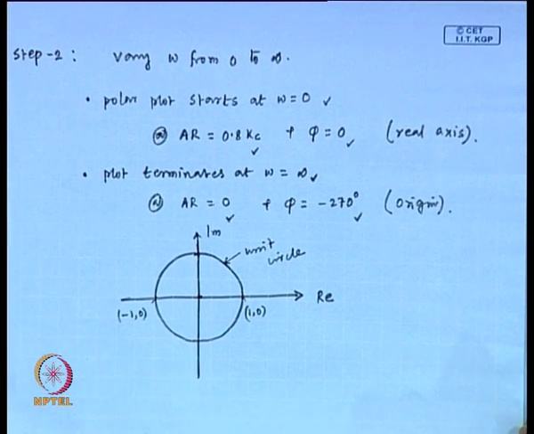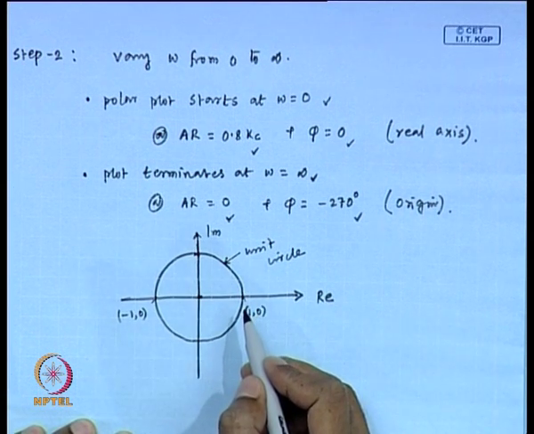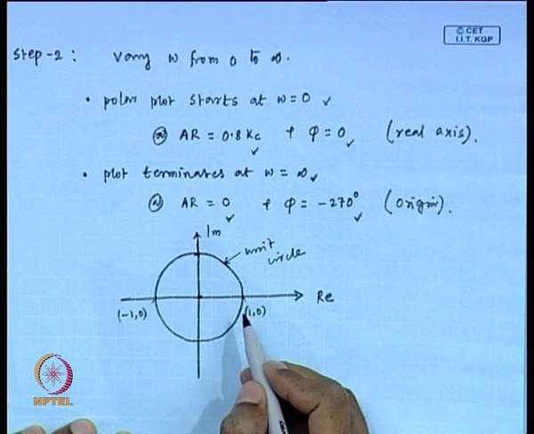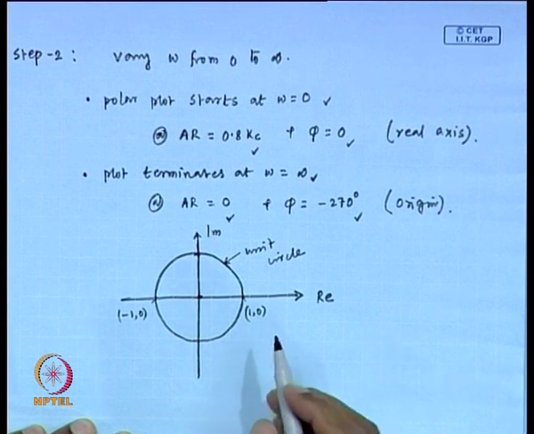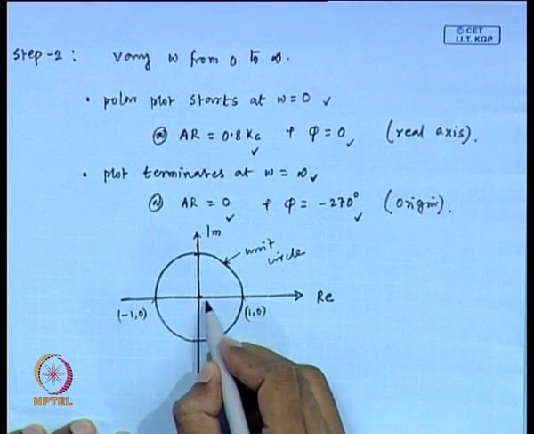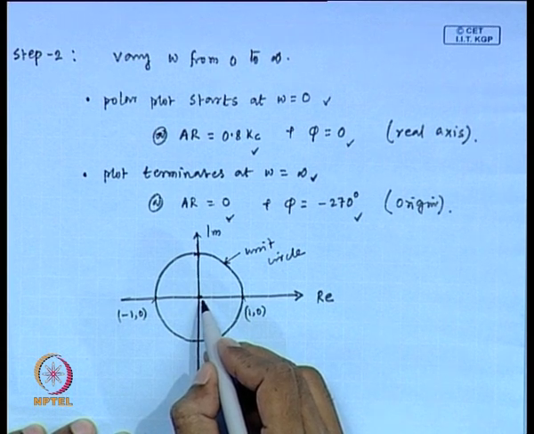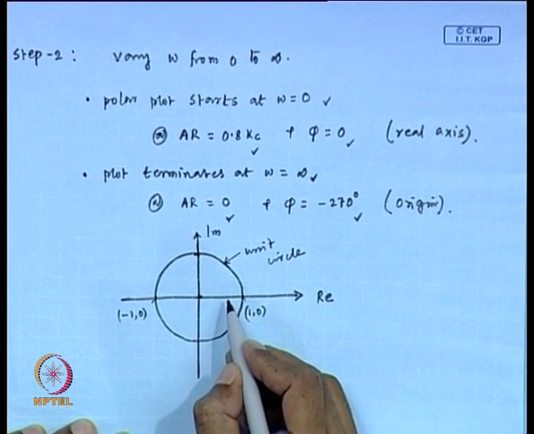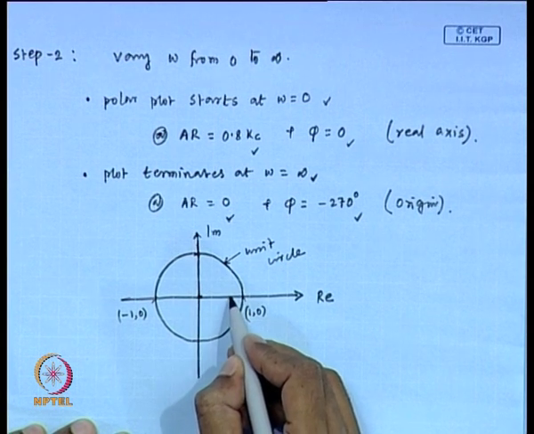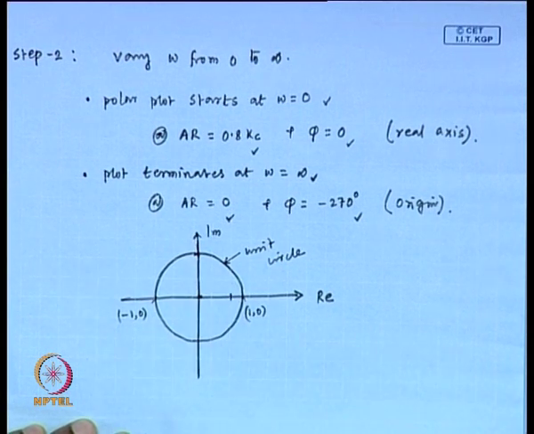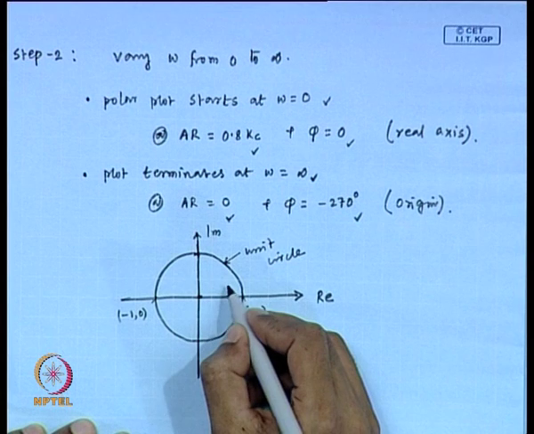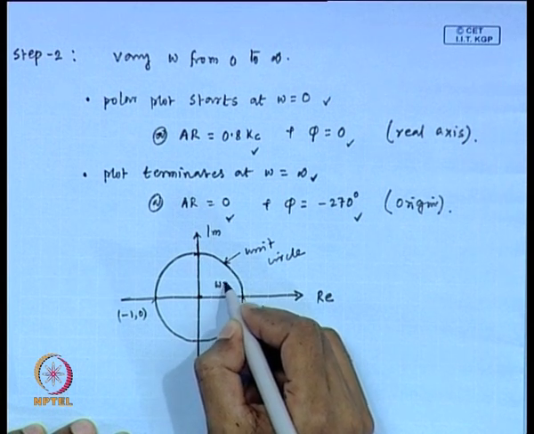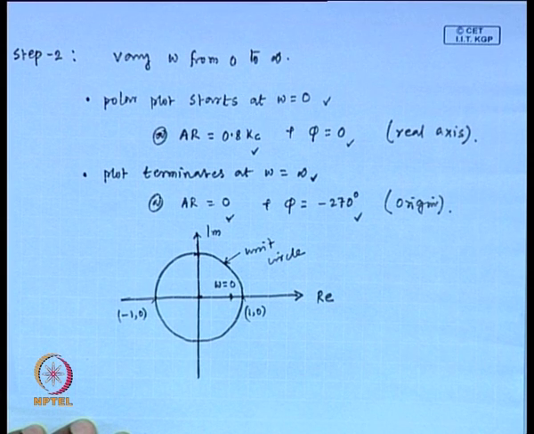Now, the plot starts at omega equal to 0 when amplitude ratio is 0.8 Kc. So, we will consider Kc value unity, 1. That means amplitude ratio will be 0.8 if Kc is 1 and phi is 0. So, we can locate the point here.